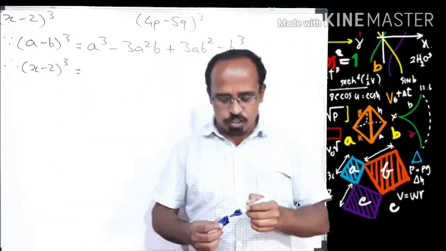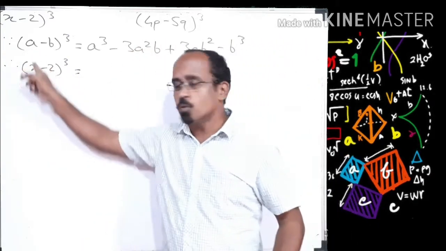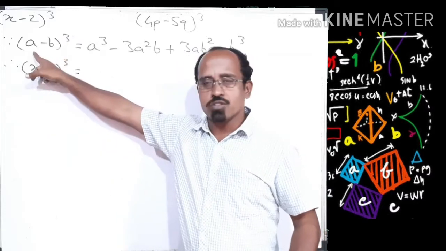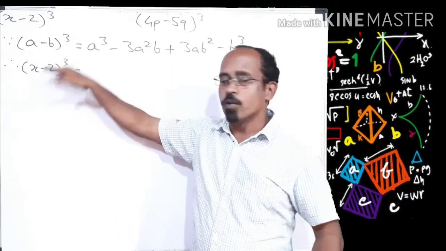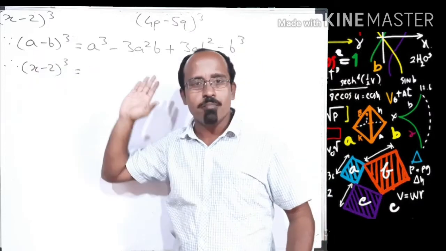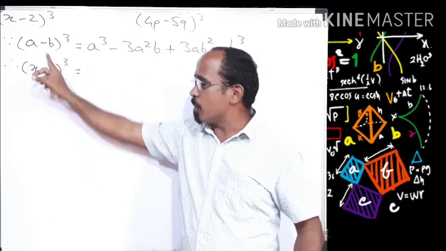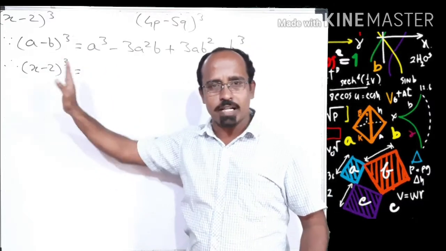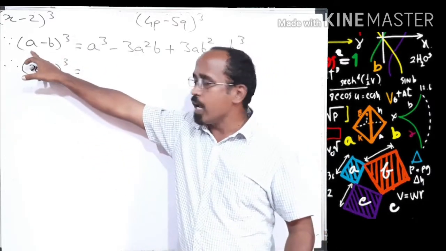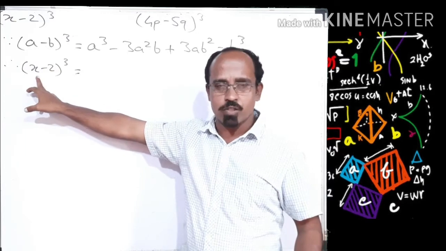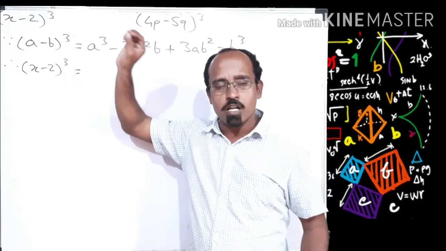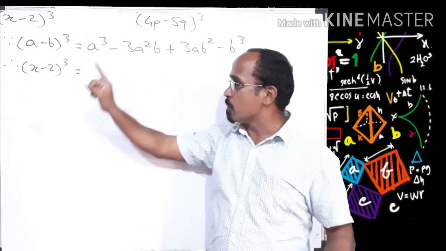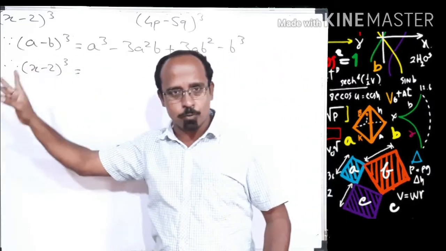The second advantage of writing the formula is it's easier to decide which term in the formula will be replaced by which term in the question. Just by observation you can identify that a in the formula will be replaced by x in the question and b in the formula will be replaced by 2 in the question. So let's replace a by x and b by 2.